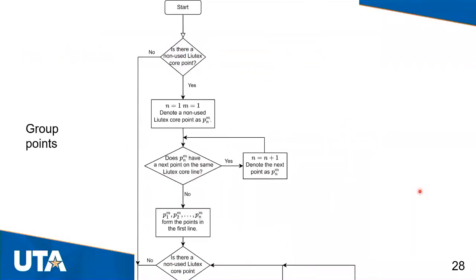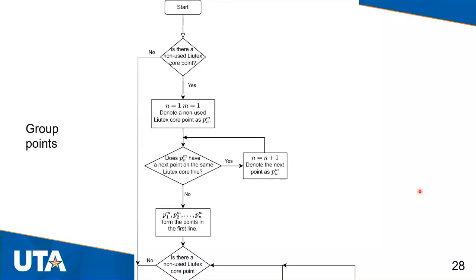Okay, and knowing how to determine the next point on the same line, we group them. We first check if the point set is empty or not, and n represents how many points are in the line we find, and m represents how many lines.